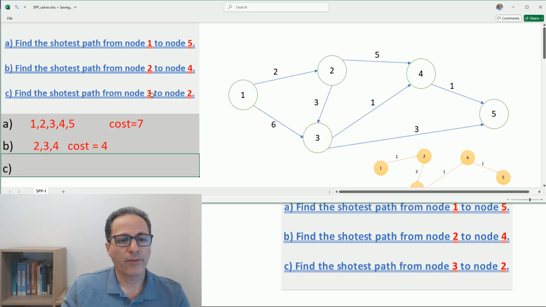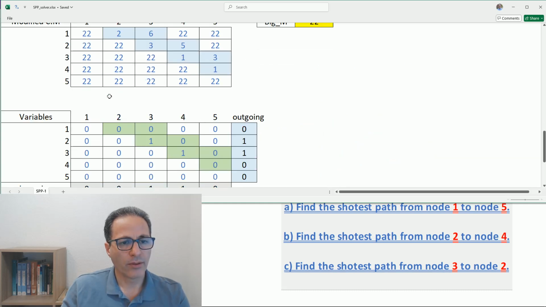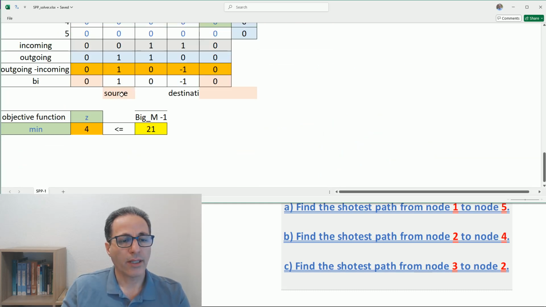Now let's check from 3 to 2. From 3 to 2, if this is 3 and this is 2, now we are going to have from 3, this is source. So let's delete them all. This time source is 3. Destination is 2.